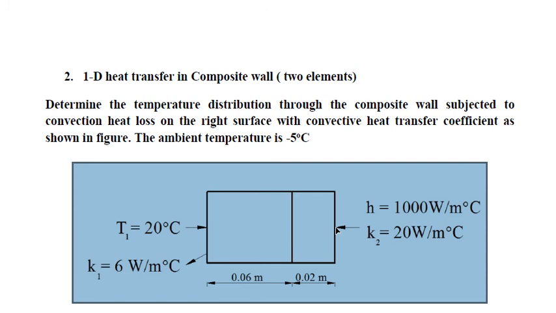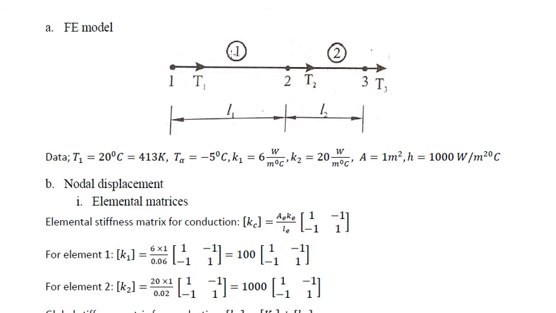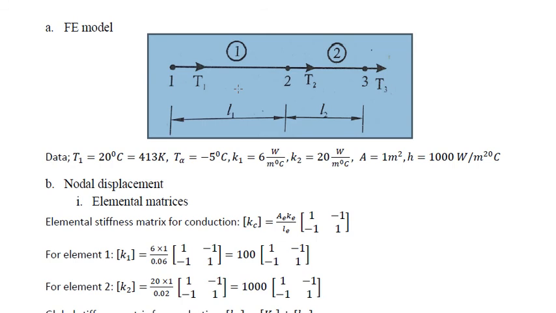So for the finite element formulation, we will consider this two material composite wall as two elements. We can take 1D elements or 2D elements. Since heat is flowing in one direction, we can take 1D element. And the finite element model is as shown.